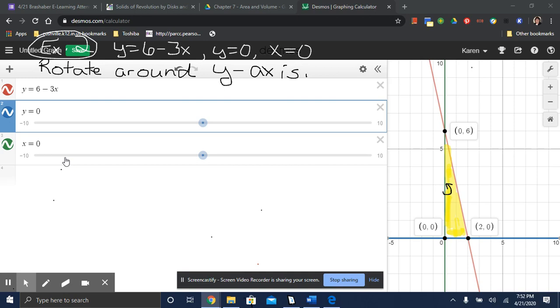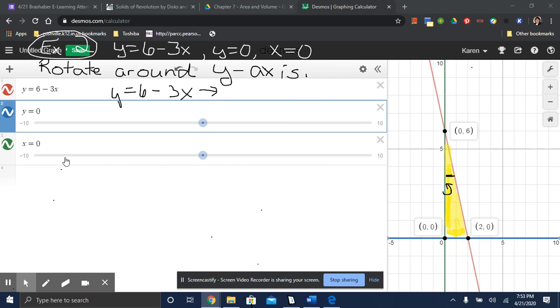Now, when you rotate around the y-axis, then the discs that are formed are going to be measured from the y-axis over, which means that instead of having functions in terms of y equals, you're going to have to solve them for x. So we're going to, first of all, have to take y equals 6 minus 3x and solve it for x.